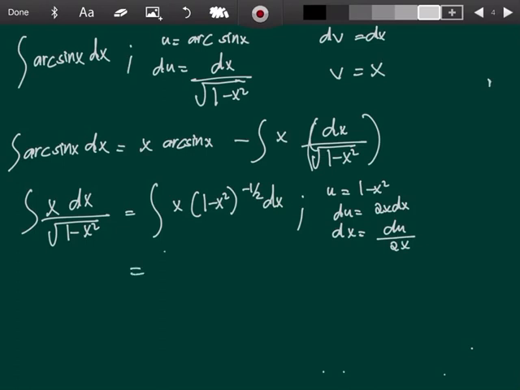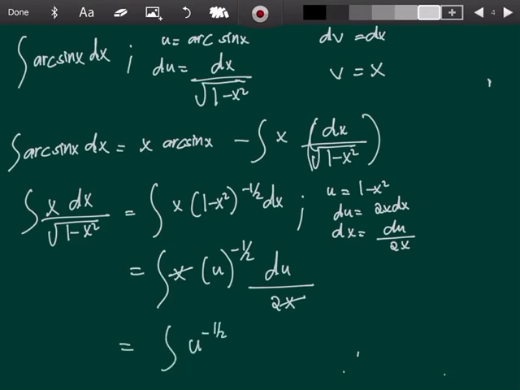So, the integral of x times u raised to negative 1/2 du over 2x. Since may x dyan at may x cancelled, so anong mangyayari? The integral of u raised to negative 1/2 du, ano to? That is equal to u raised to negative 1/2 plus 1, u raised to 1/2.